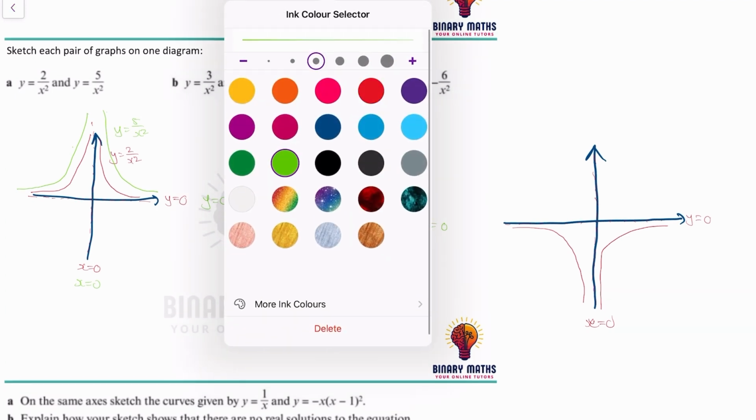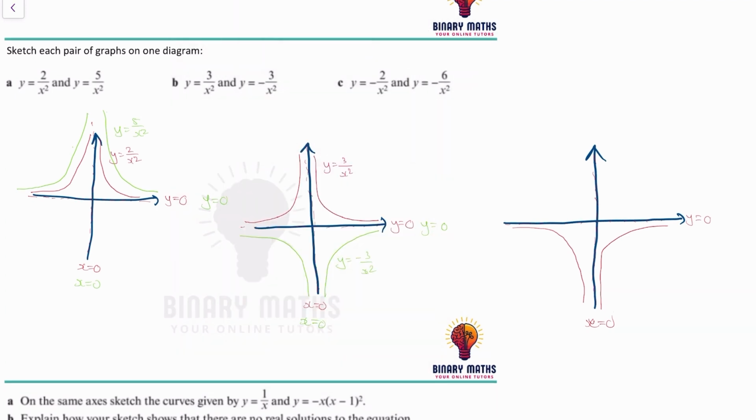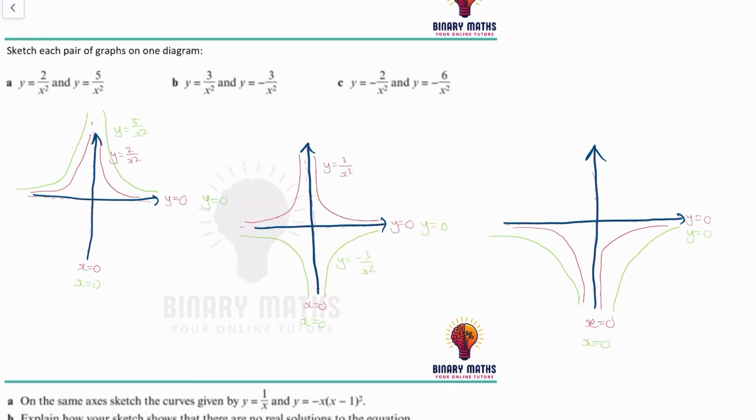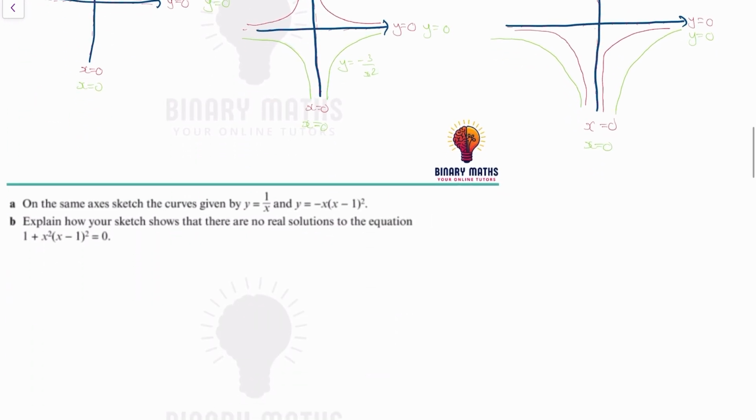With negative 6 over x squared, it will be the same shape, but a bit further out. X equals 0 and y equals 0 for that one. Okay. Let's go to the next question now.